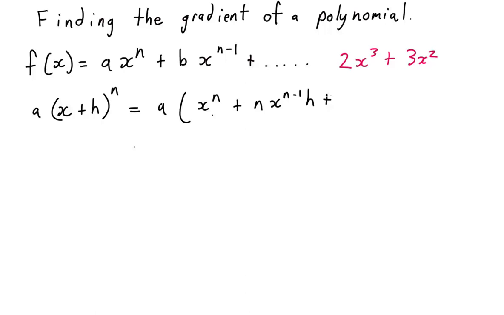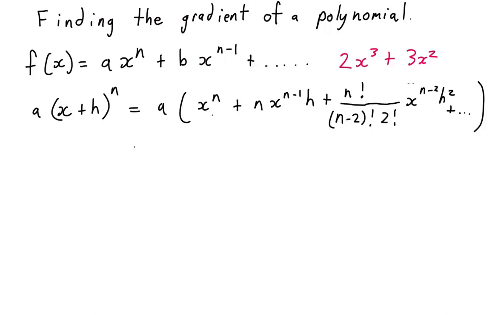And then our next term is n! over (n-2)! 2!. That's our constant out the front. Then it would be x^(n-2) h^2.